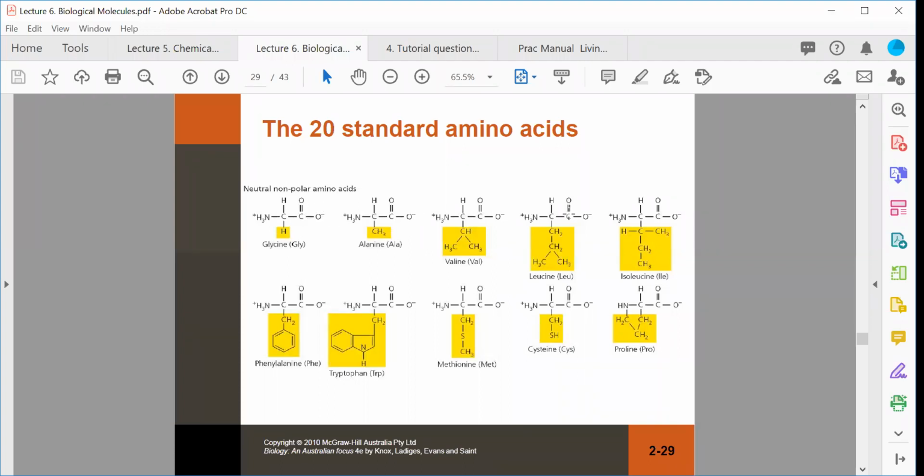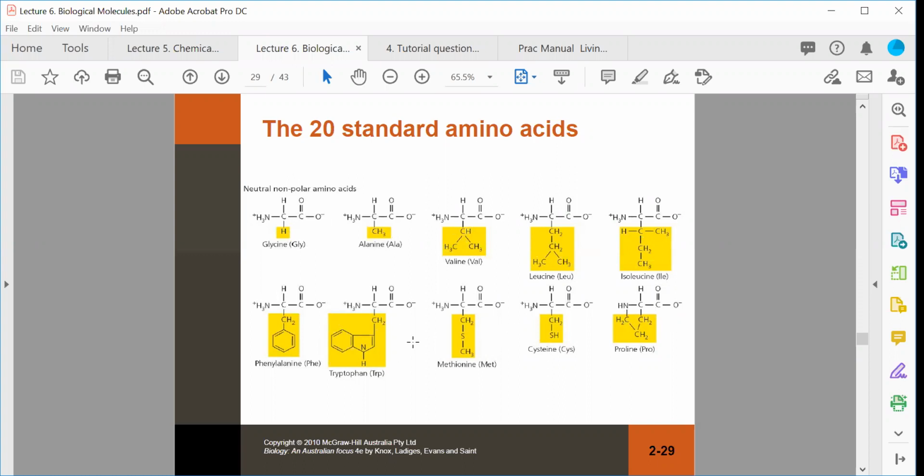They're all the same in that regard. Here's that variable side chain group or R group. In this case, the R group is simply a hydrogen. In the case of the amino acid alanine, the R group is a CH3, so still a very small amino acid. And now you can see they start becoming larger and more complex.